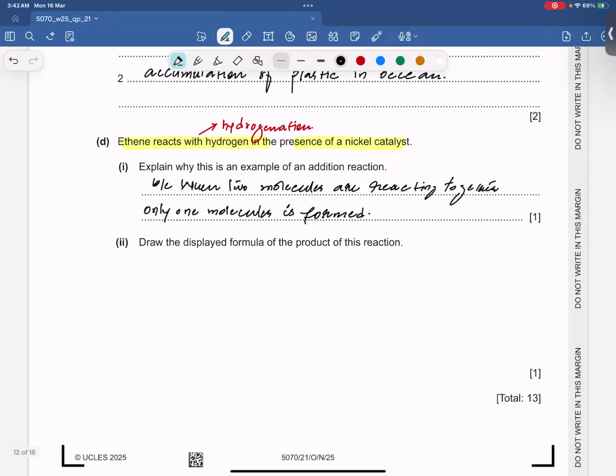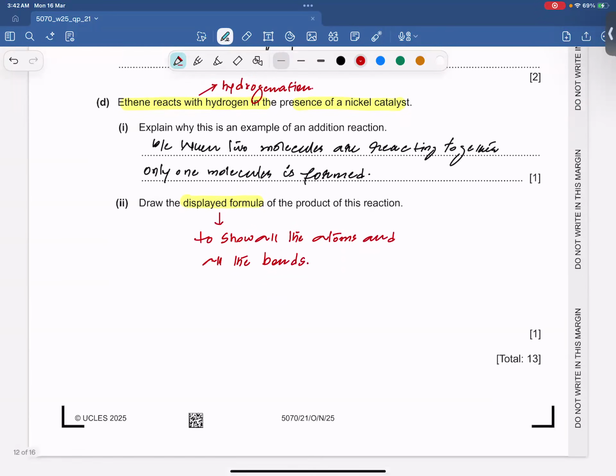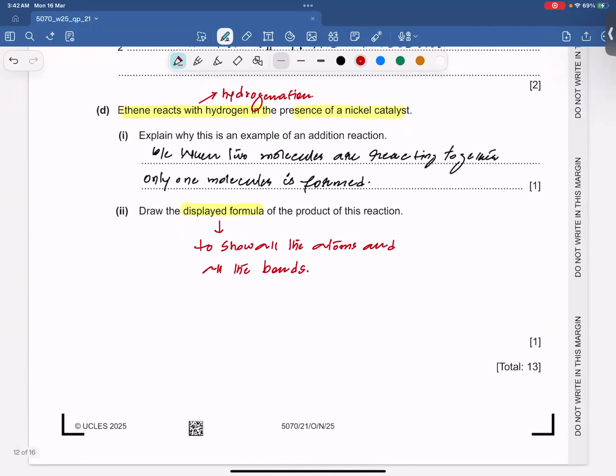Draw the displayed formula. Displayed formula means you need to show all the atoms and all the bonds. When ethene reacts with hydrogen in the presence of a nickel catalyst, obviously ethane is formed.